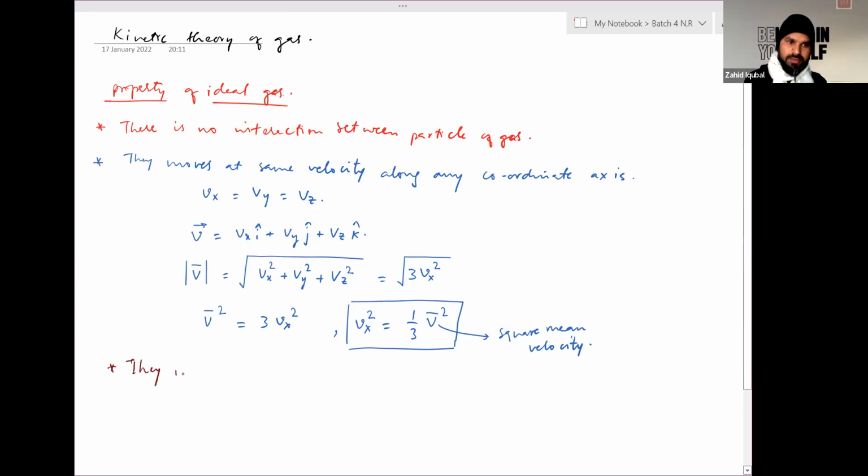They make elastic collision with other particles as well as the wall of the container.